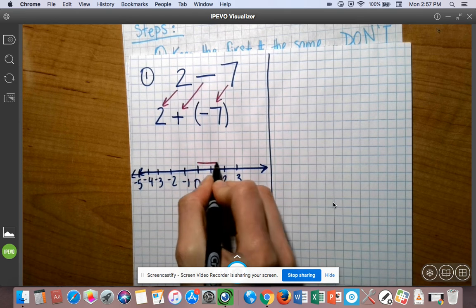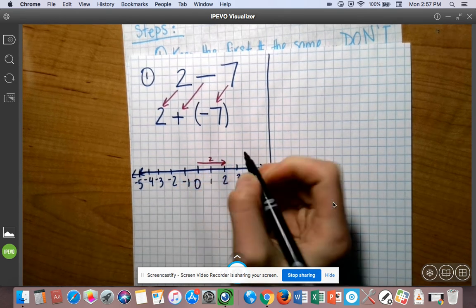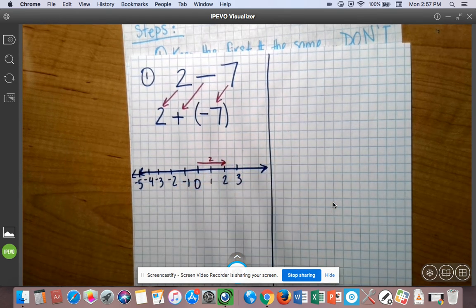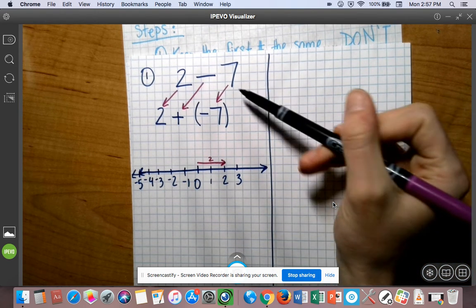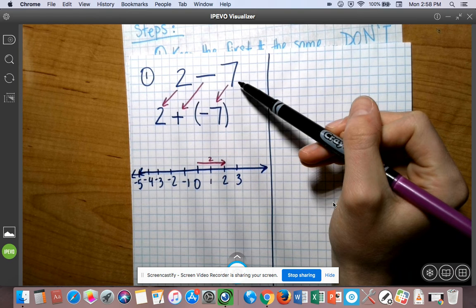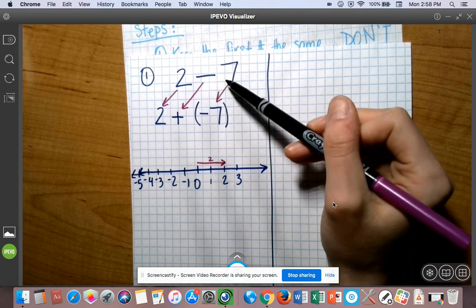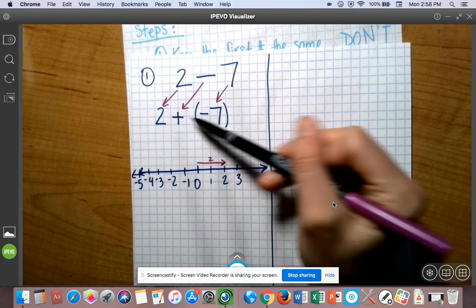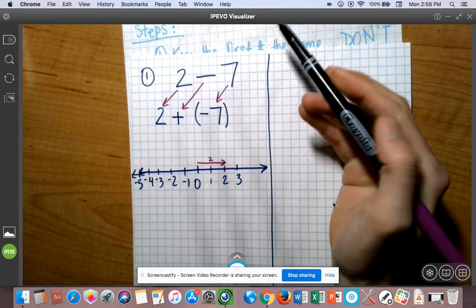So I'm drawing my arrow to the right to 2. Not changing. Always your starting number. And for our second arrow, we're either subtracting 7. Now, if I'm subtracting 7, my arrow is going to the left. If I'm adding a negative 7, my arrow is also going to the left.